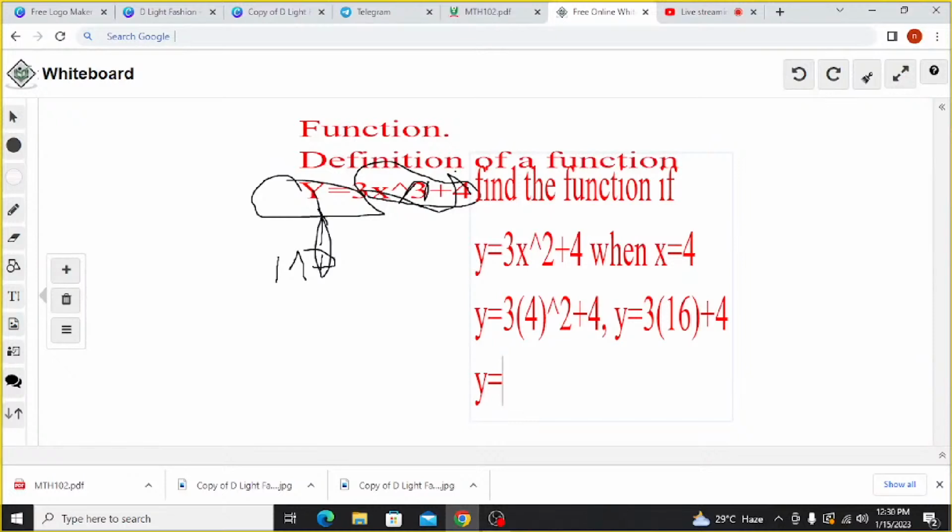So 3 multiplied by 16 is 48, plus 4. So our y is now equal to 48 plus 4, which is 52.